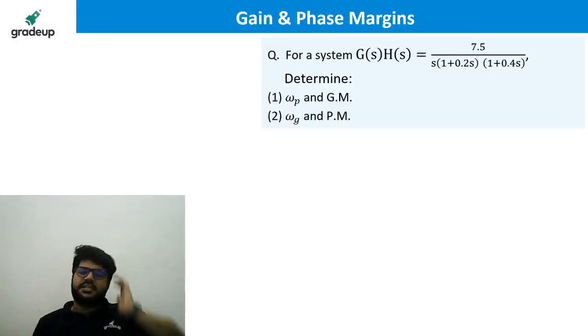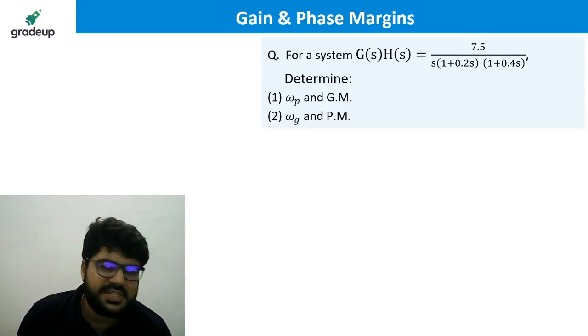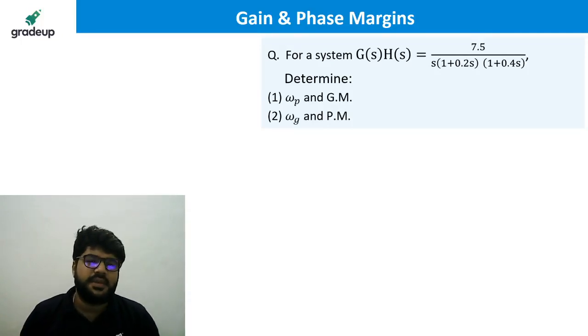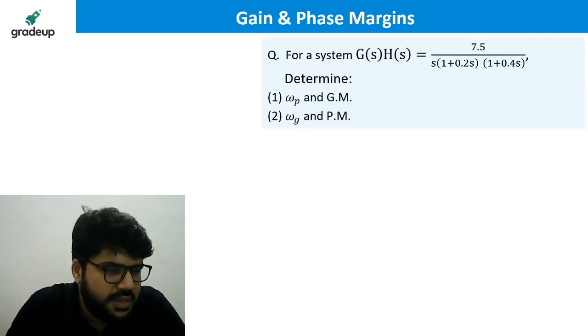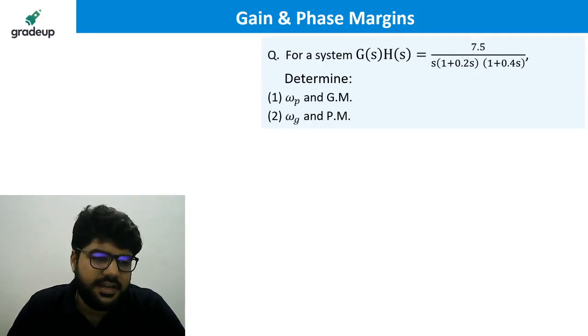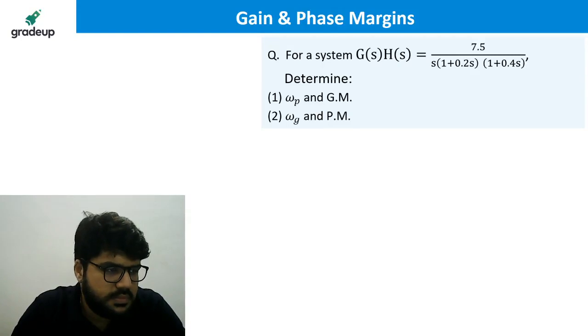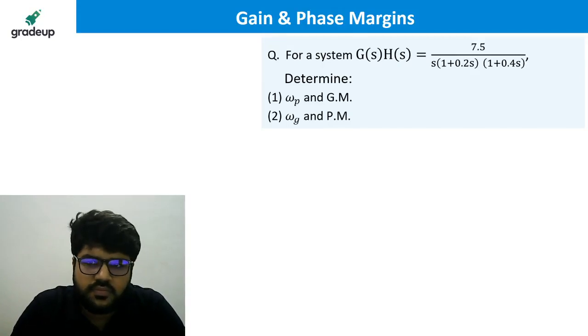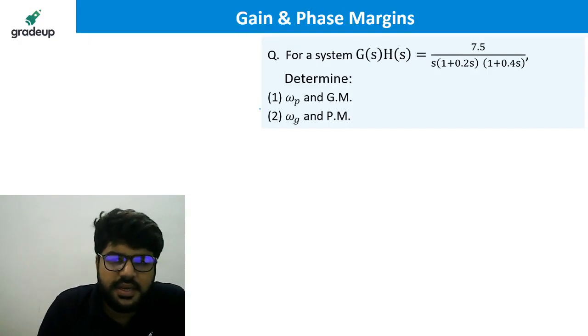For the system, G(s)H(s) equals 7.5 by s(1 + 0.2s)(1 + 0.4s), determine ωp and gain margin. Next, ωg and phase margin. Let's calculate this in continuity. First, ωp and gain margin.